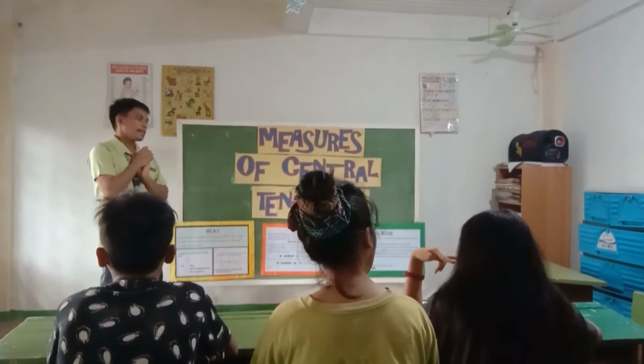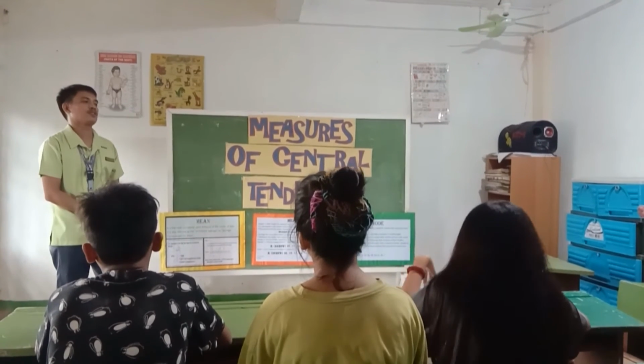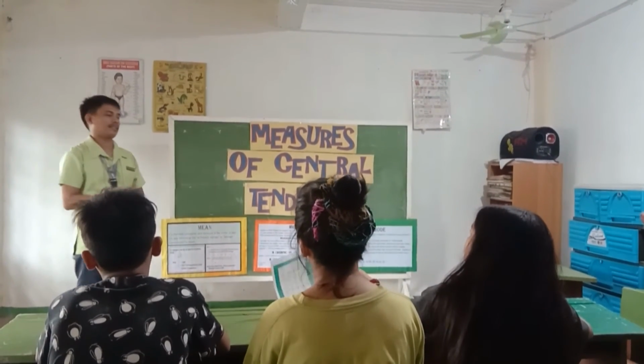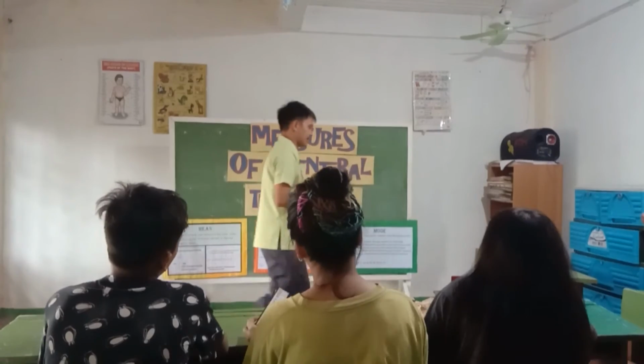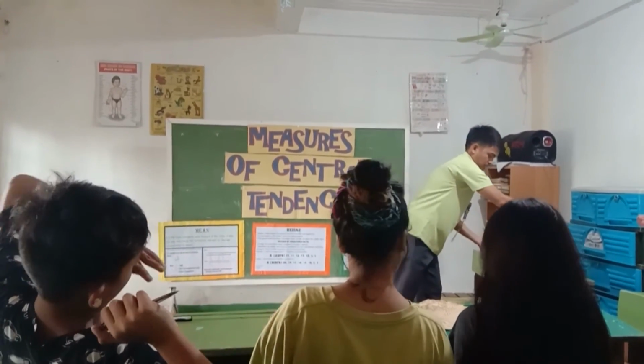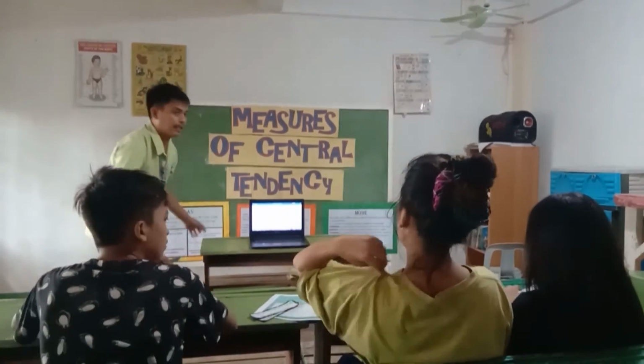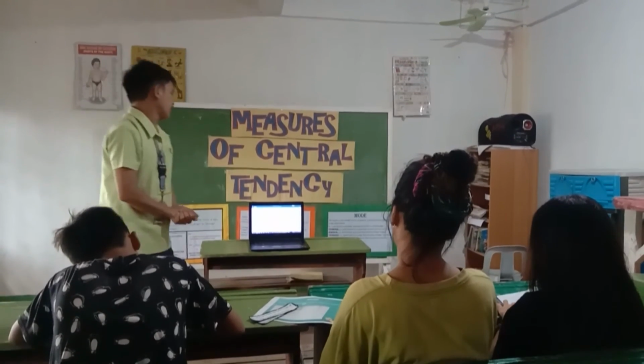Okay, now, do you have any questions? None. Since you have no questions, please get a piece of paper and we are going to answer these questions. You are going to encircle the letter of the correct answer.